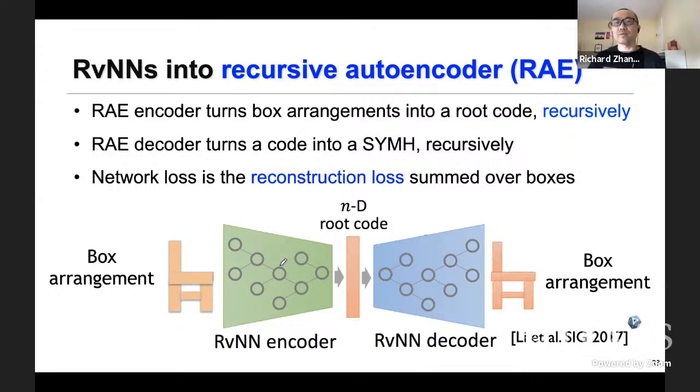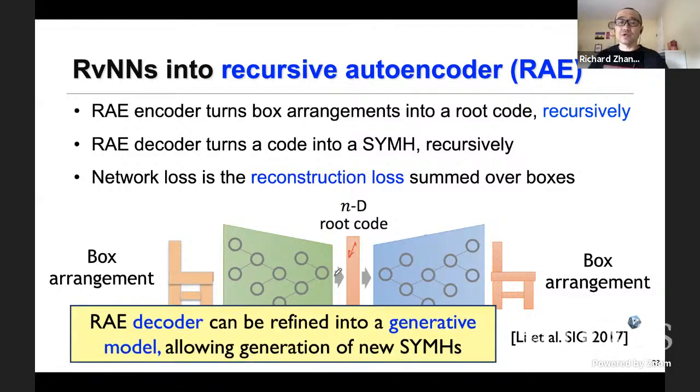It's going to come up to a root code, which is the one you see here in the middle. And then the decoder is going to take a root node and recursively decompose it into a set of boxes. And now you get an autoencoder, a recursive autoencoder, and the network loss is just a reconstruction loss summed over the boxes. The network here is trained to try to reconstruct the box arrangement.